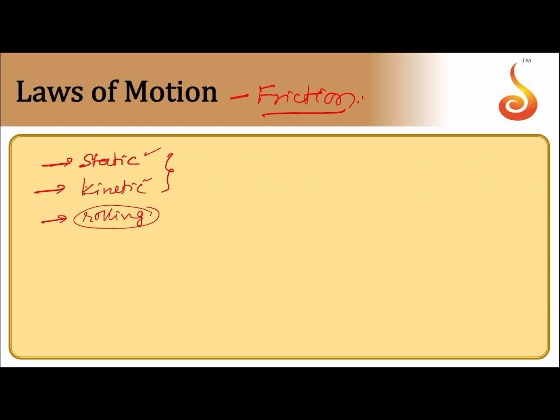So let's try to understand these things. Remember, friction is a self-adjusting force. Okay, remember this important idea. So now if an object is stationary and I start pulling this, then initially there may not be any motion. So force of friction comes into picture along this direction, which is static friction, and I keep on pulling harder and harder.